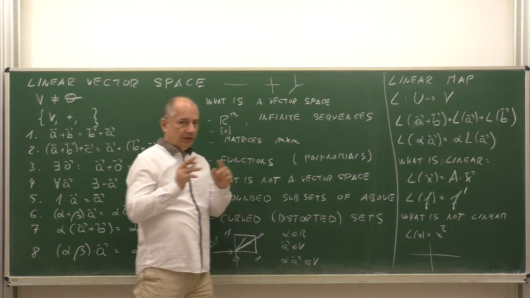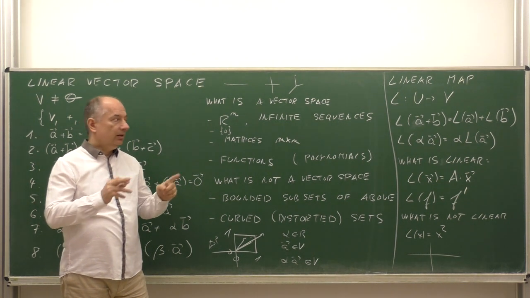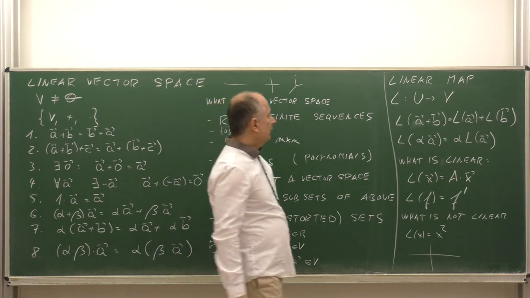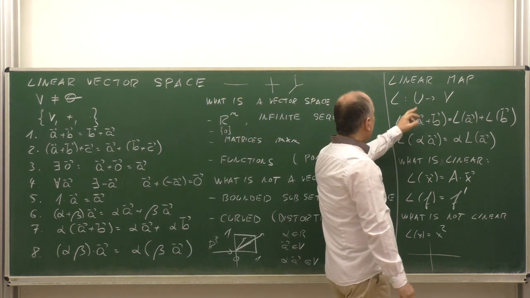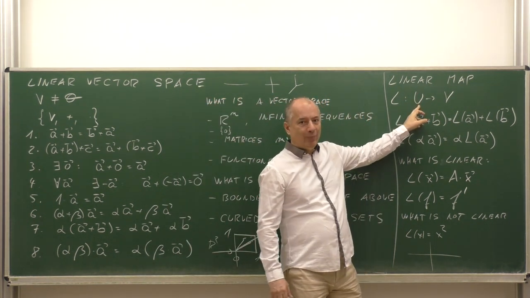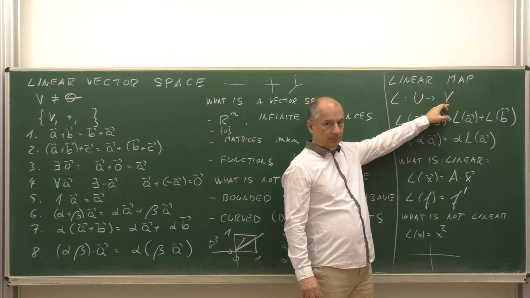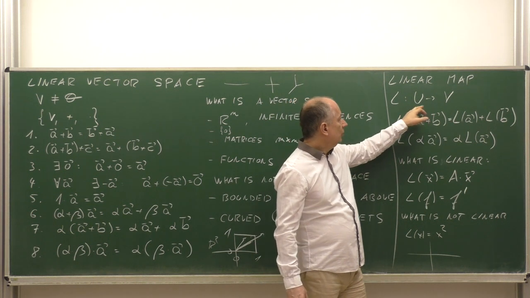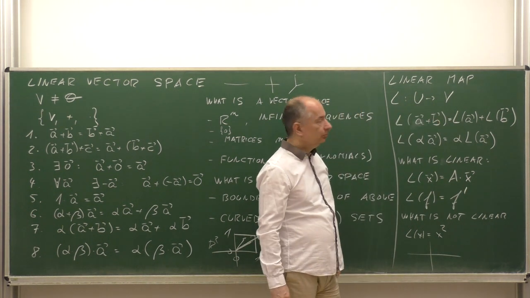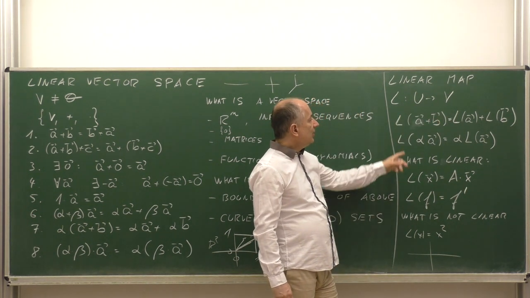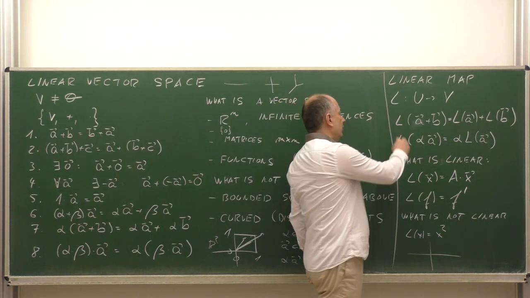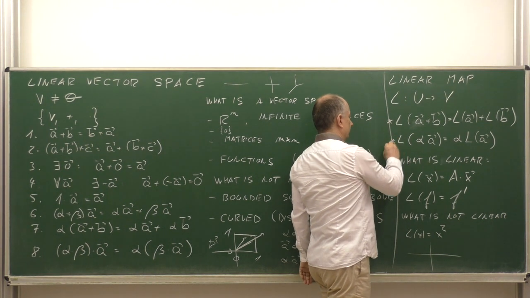So linear vector space and linear map are two different objects. So consider two linear vector spaces, U and V, and consider a map, let's call it capital L, from U to V. And we say this map is linear if these two conditions hold.